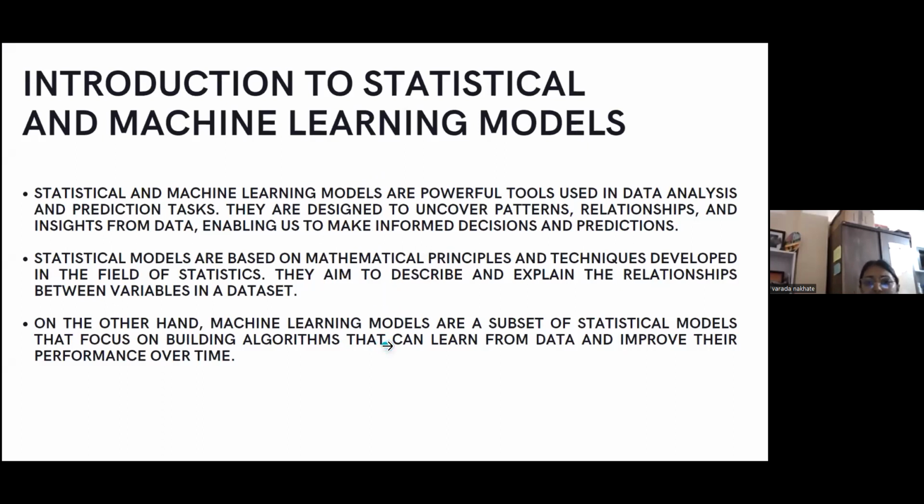Moving on to data analysis and modeling. We will start by introducing statistical and machine learning models. Statistical and machine learning models are basically powerful tools used in data analysis and prediction tasks, like we talked about with probabilistic graphical models.